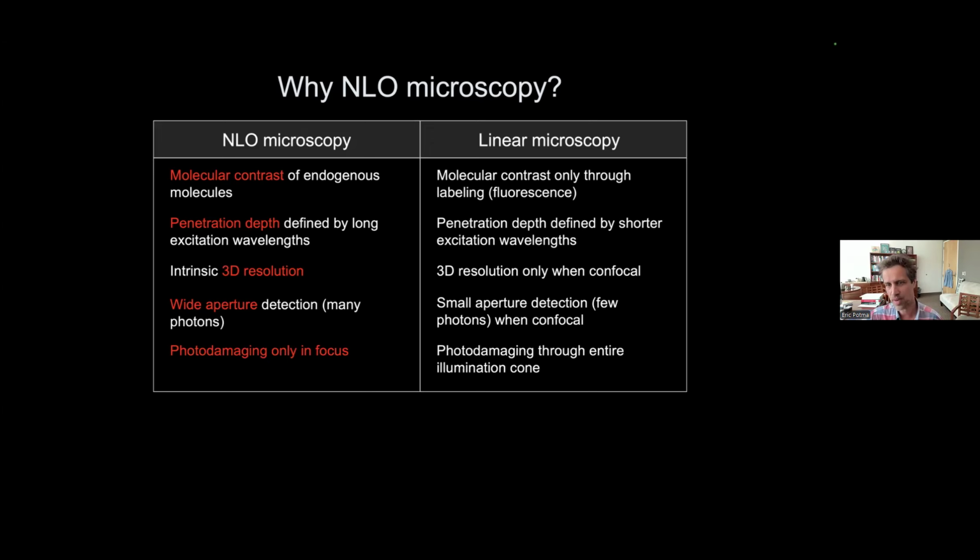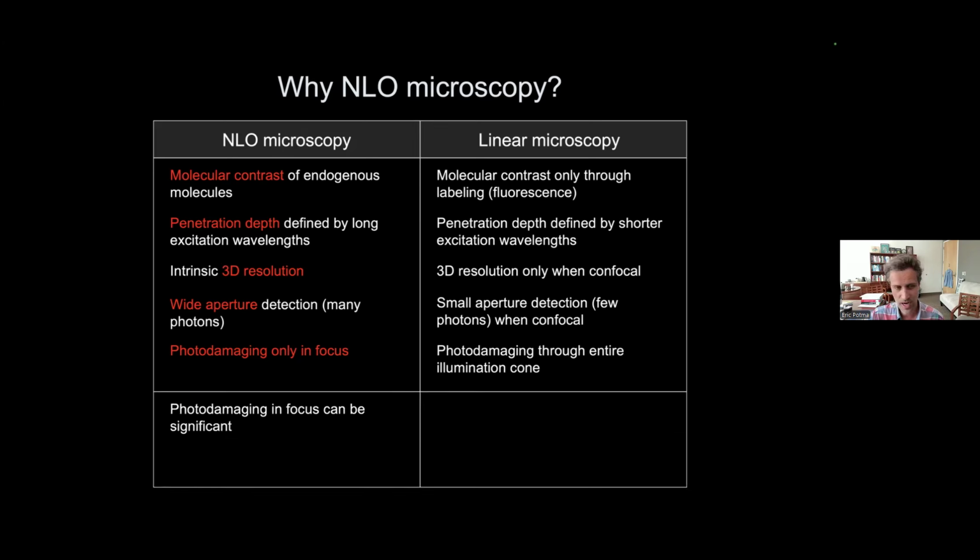Now, if you do linear microscopy, you don't really think about this, but basically since the light flux is the same all the way through, molecules get excited all the way through, and therefore molecules can get damaged all the way through. So they get damaged through the entire light cone, not just the focal region, okay? So that's why most of the time, the photodamage in nonlinear optical microscopy is just confined to the focus, and that is also attractive.